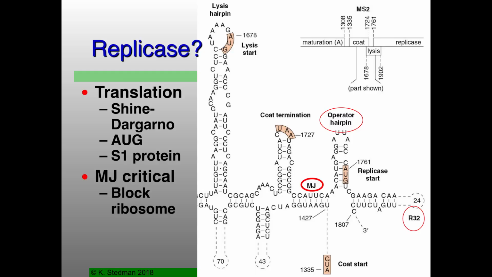When they get inside the cell, then you need to be making more genome and more virions. How that's done for these small RNA phage is really all about translation. Not surprisingly, because it's RNA, you don't have any transcription going on. And that translation is regulated in a couple of different ways. The major one is secondary structures and translational initiation.